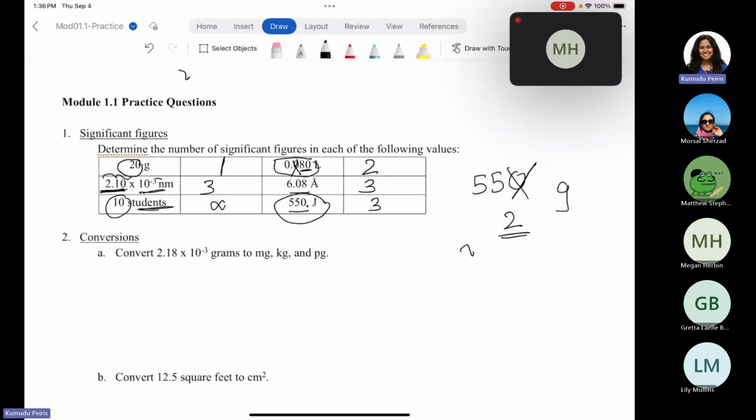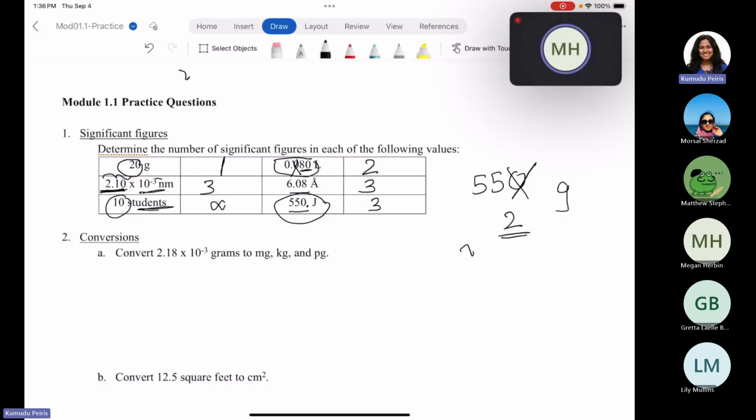Yeah, because it's an exact count. When you don't get the value with a unit, we don't know how much it is. So when we give a final answer, we don't depend on that number.